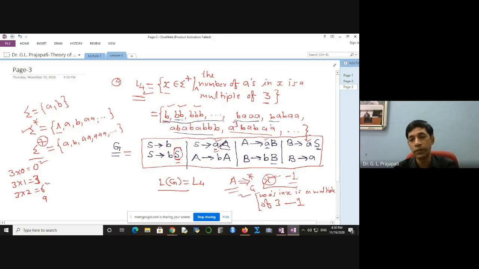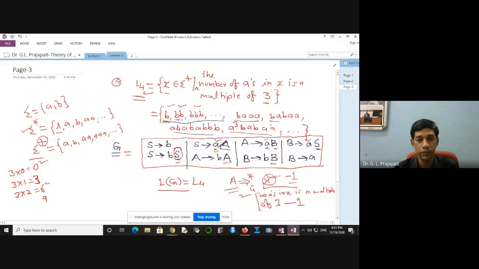So this you have to see. Now if A starts from B, the problem remains the same. Here if A starts with A, then the problem changes. Now you need 2 less. Instead of 1 less, you need 2 less number of A's here. So you have to remember how many A's you have used up to this part, and that's why you are changing the non-terminals, and the problem is going to change.